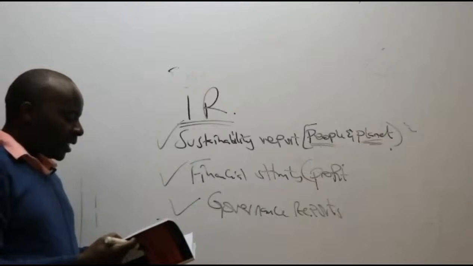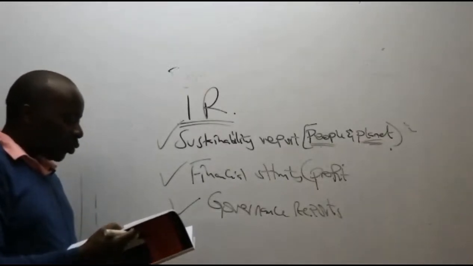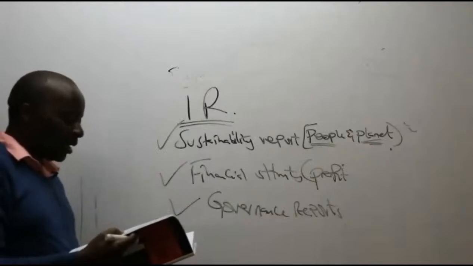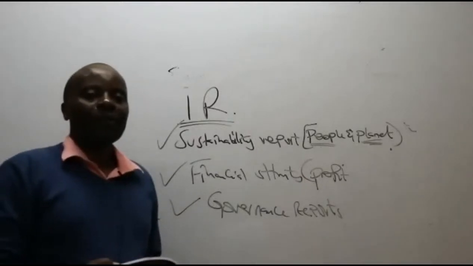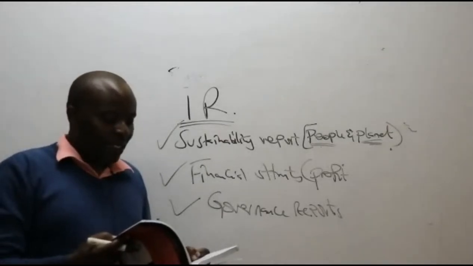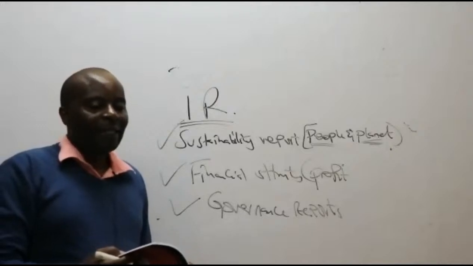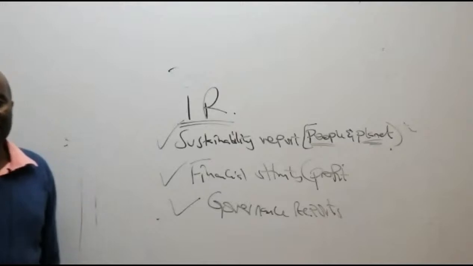Great. Then they asked us something very nice there. Number 2, explain 4 guiding principles that underpin the preparation of an integrated report. Which principles would you have written, ladies and gentlemen?